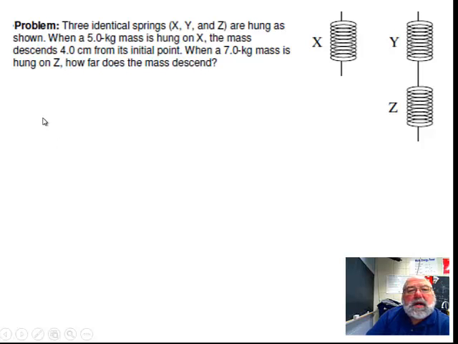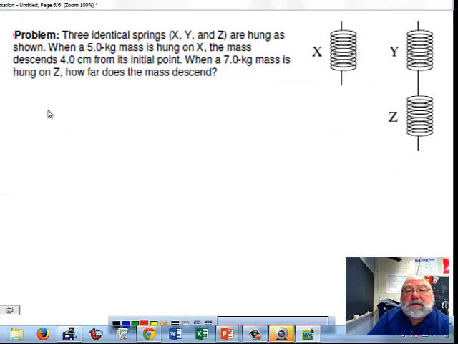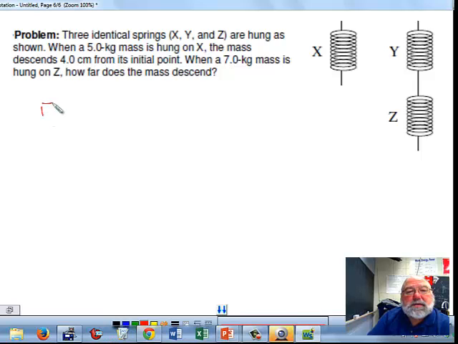So, to find k, we're going to use Hooke's law. So force is equal to minus kx, and this is the force of the spring. So let's see, the force is going to be the weight.